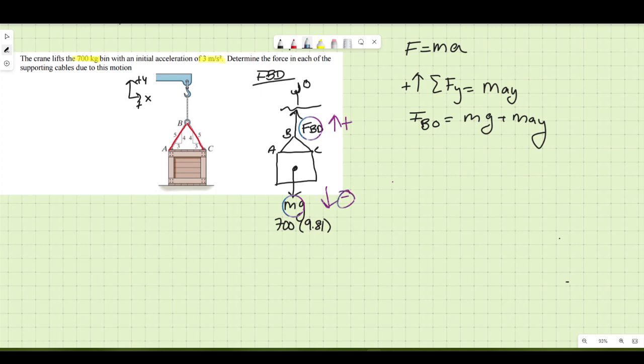Since force BO is positive and mg is negative, that will equal mass times acceleration in the y. We added mg to both sides to cancel it out and moved it to the other side.